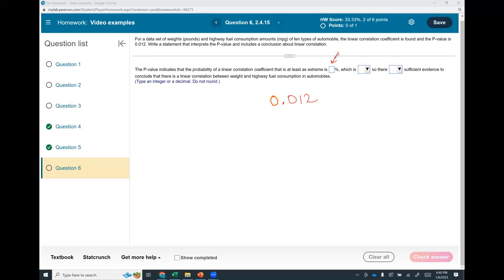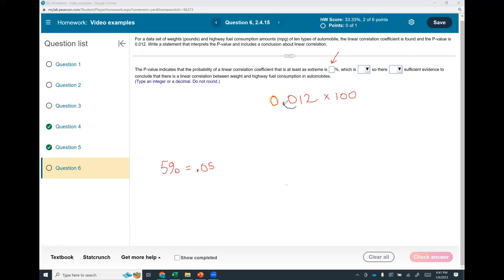Remember when I went from a percent to a decimal, I started with a percent and I went to a decimal by moving my decimal place 2 places to the left or dividing by 100. So if I want to go from a decimal to a percent, I multiply by 100, which is really the same as moving this decimal point.